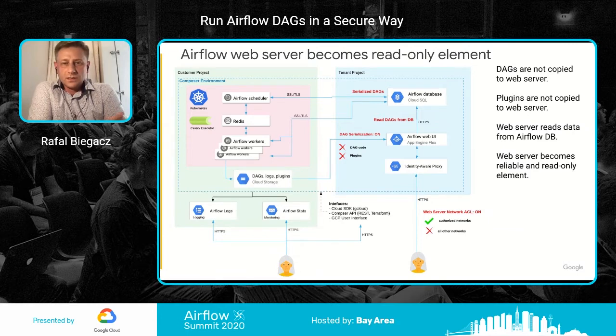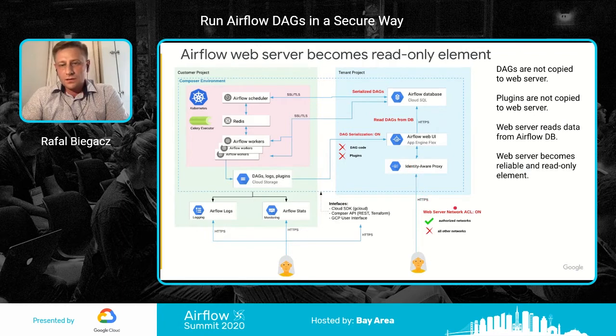In addition to that, if you turn on DAG serialization in the case of Composer, we stop sharing the code of the DAG with the web server, as you can see on the slide. We also don't upload plugins to the file system of the web server. So thanks to that, the web server becomes a read-only element.